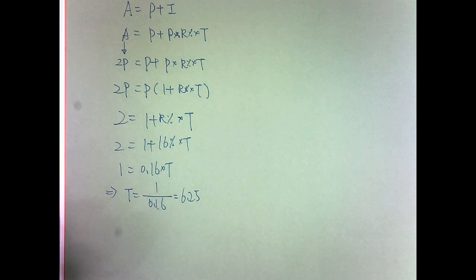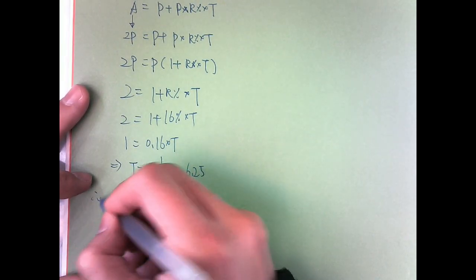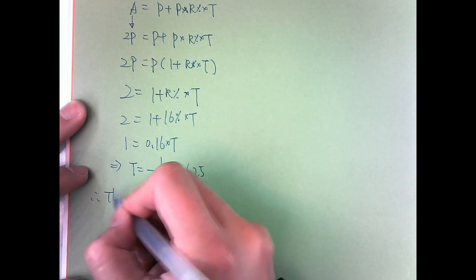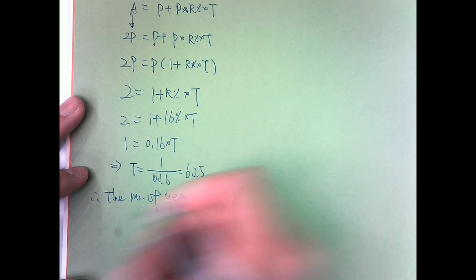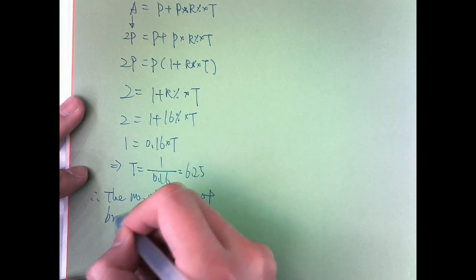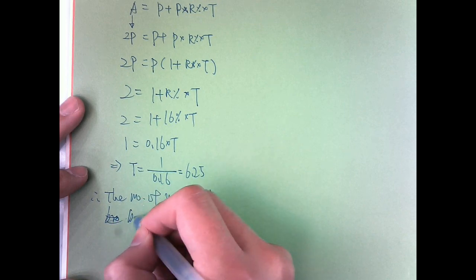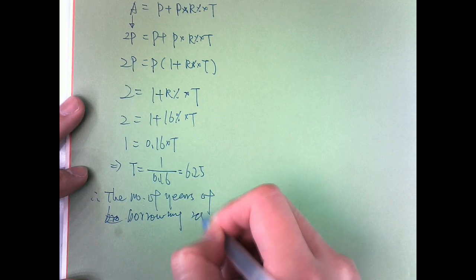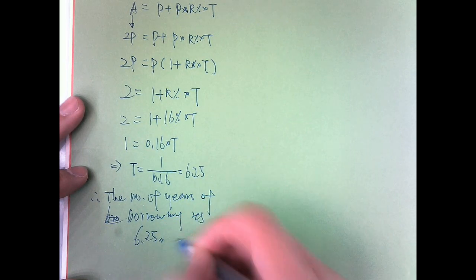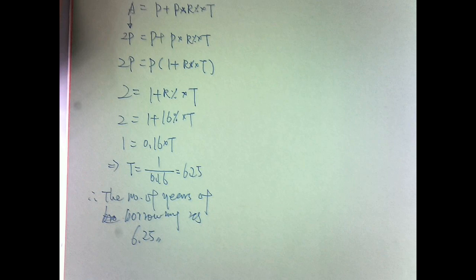Okay. So the number of years of borrowing is 6.25. Okay.